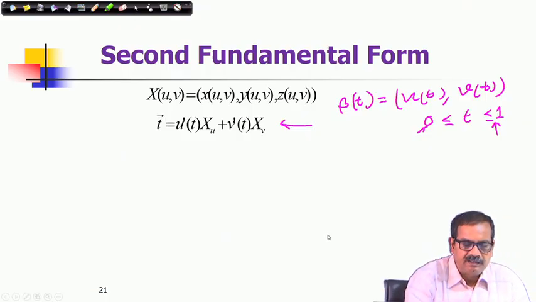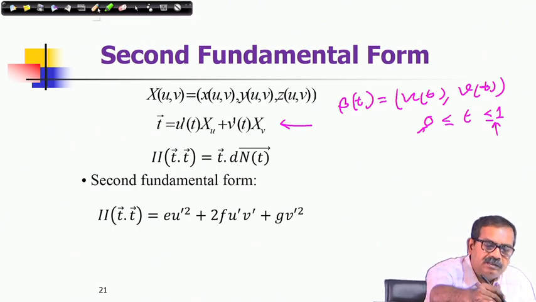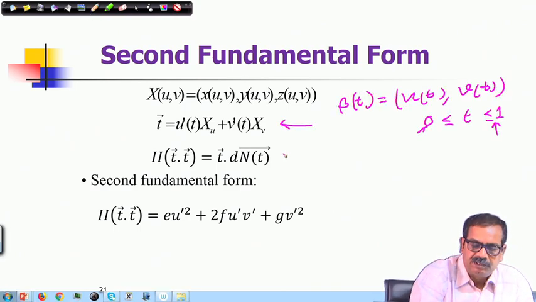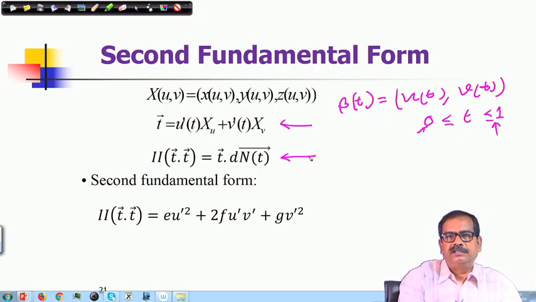And then the second fundamental form is defined in this fashion, which is the t dot differential of n t. That means, as you move along the tangent, how the normal is changing its direction.